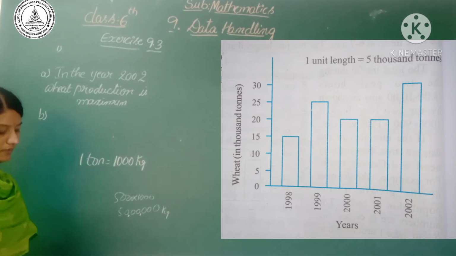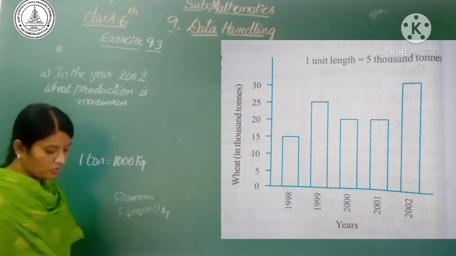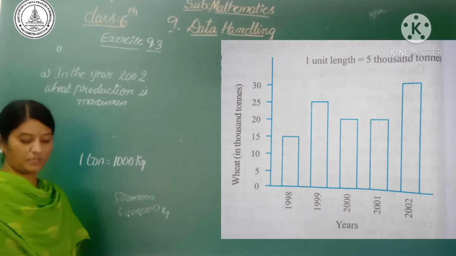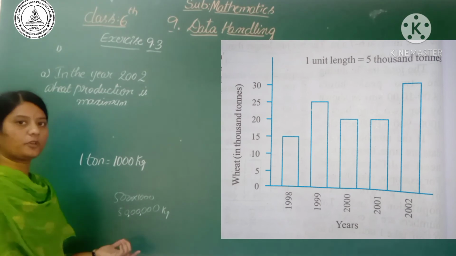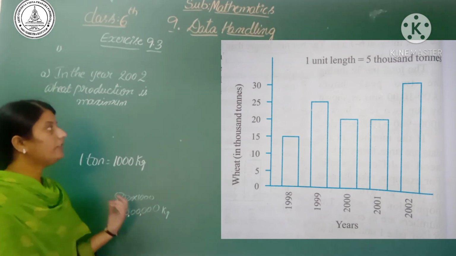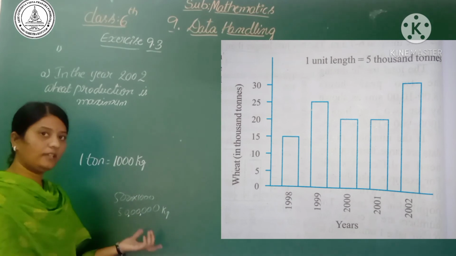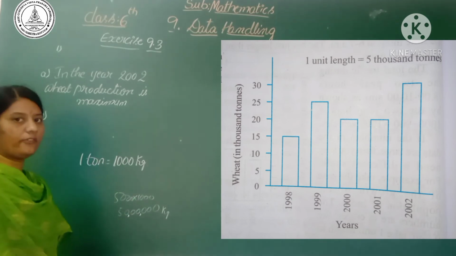Okay. Then the second question is, in which year was the wheat production minimum? Yes, we can see here in the year 1998 the wheat production is very less, that is 15,000 tons of wheat, right?